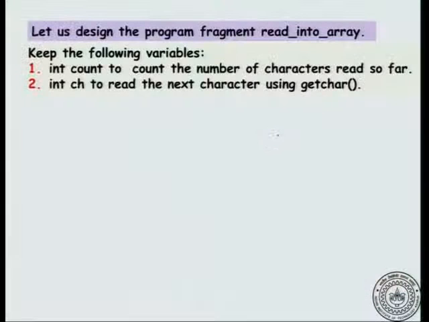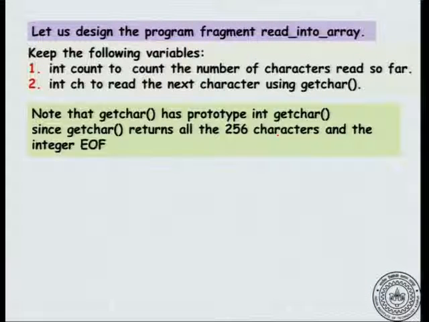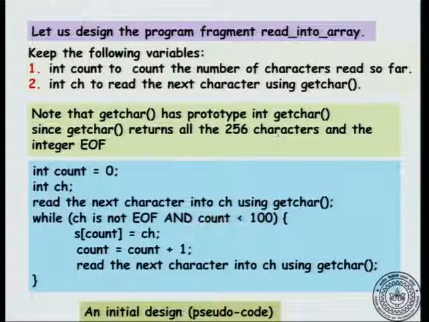This is the reason why, if you are reading characters through getchar, you need an int ch rather than a char ch to hold that value. The end of file character is usually -1, so it's not a valid ASCII value.